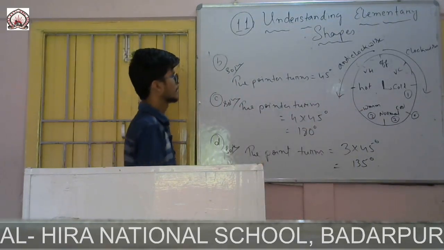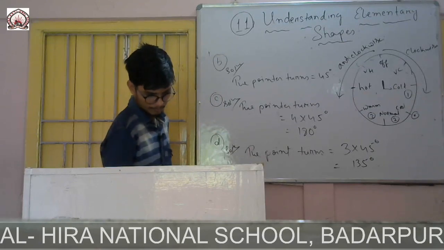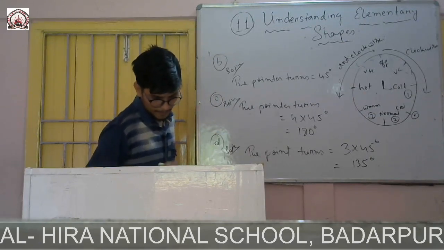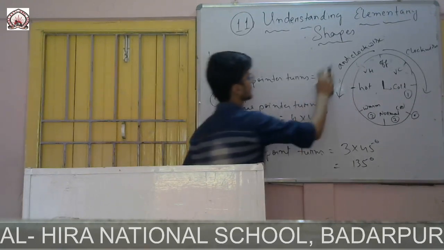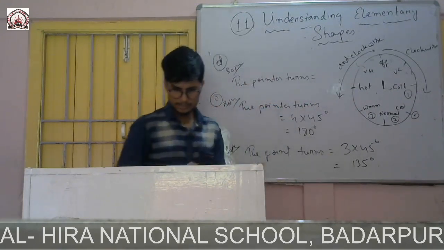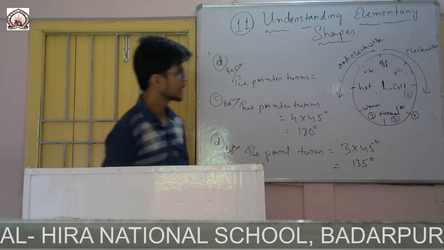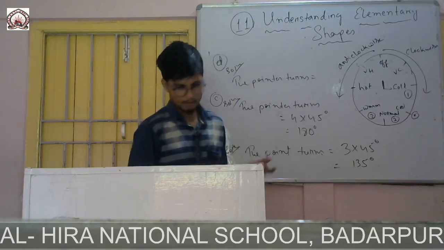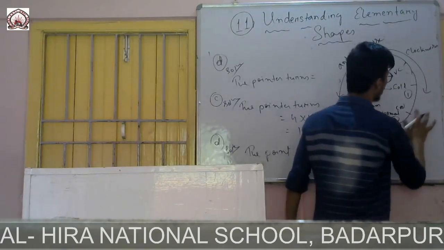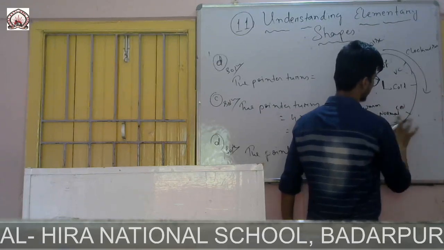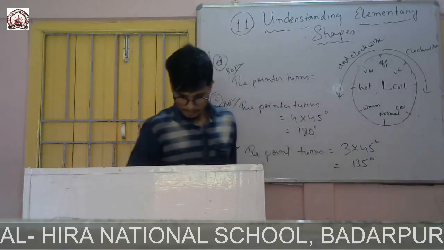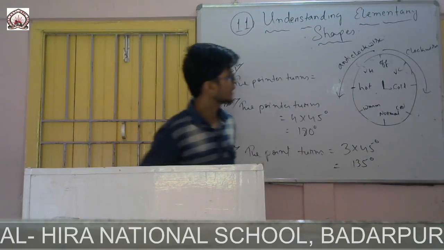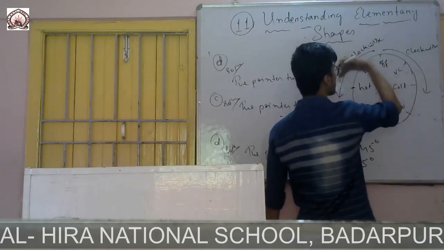Then next one, question number D. D, you see, the question is given very cold to very hot and in anti-clockwise direction. Very cold to very hot. That means I have to move in this direction, anti-clockwise.